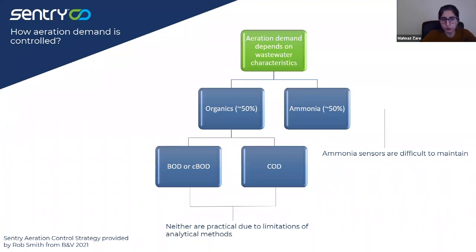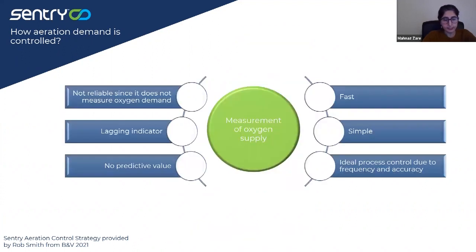So what do we do instead? Instead, measurement of oxygen supply is used for controlling aeration demand, which has some positive and some negative aspects. On the positive side, measurement of oxygen supply is fast and simple, and it is ideal for process control due to its frequency and accuracy.